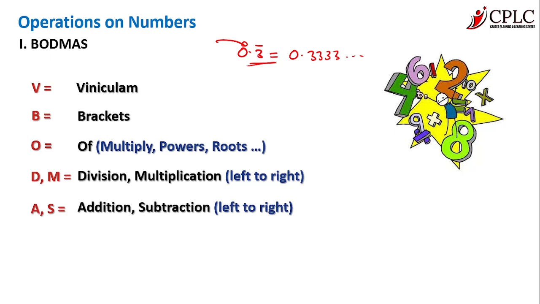So these are the priorities. BODMAS, as I said, just add one more thing to that, that is vinculum, which is VBODMAS going forward. So that's going to be the priorities that we are going to use when we solve the questions.